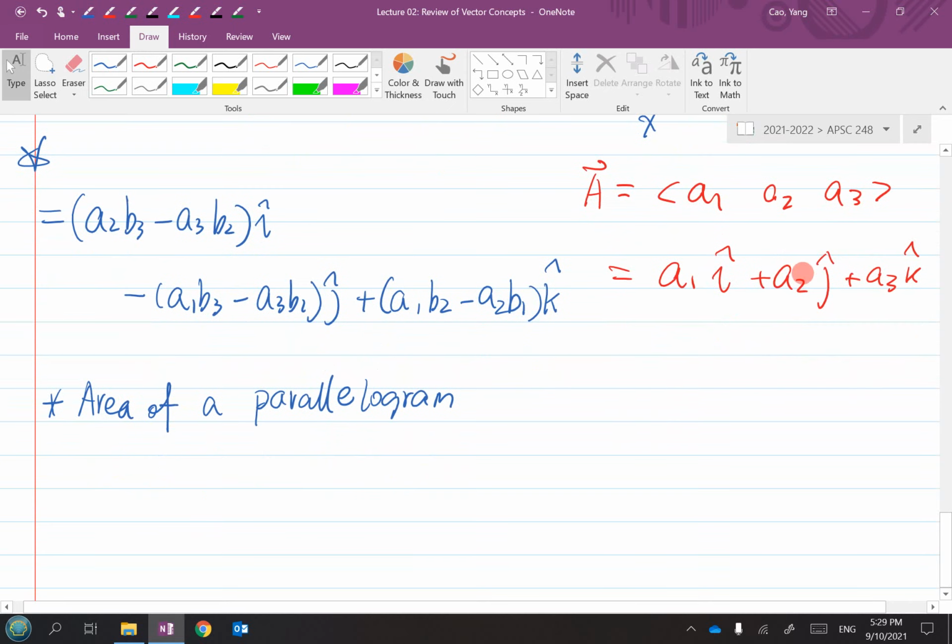A parallelogram is a geometric shape with 4 sides. Now this time I'm forming this parallelogram using 2 vectors. Let's say this is a vector A and this is a vector B, and they are sandwiched by an angle theta.